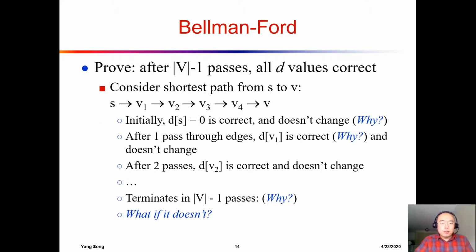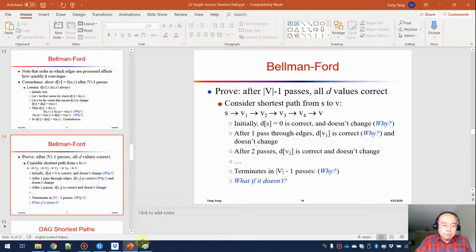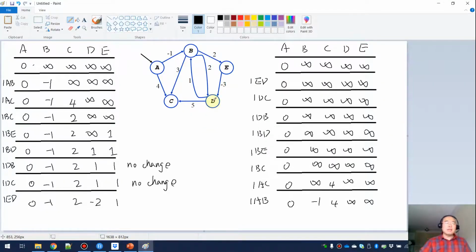So, why? Let me go back to this example again. If you consider there is ever a path between A to another node, what is the longest? If we are talking about the number of hops, what is the maximum number of hops from A to another node?